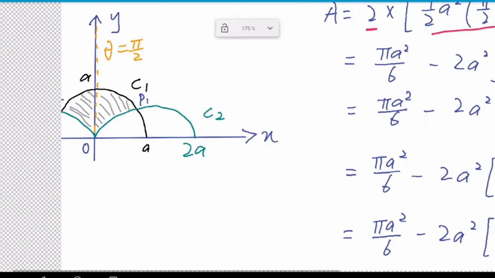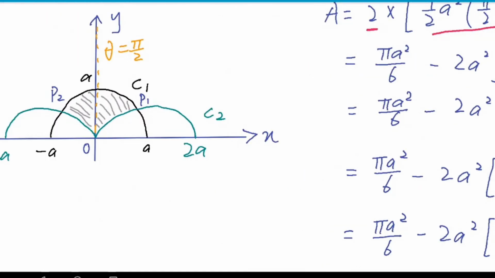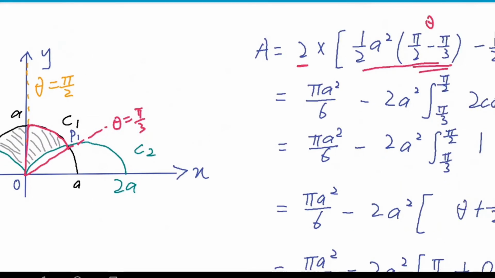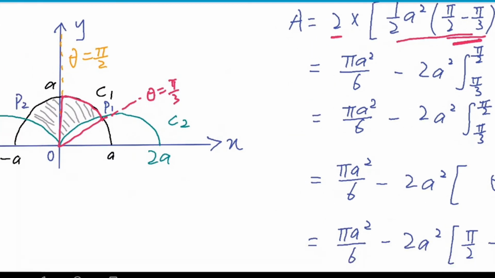So what I did, to find this area here, is I am using the area of the sector, where theta is from pi over 3 to pi over 2. This is the area of the sector, minus off the small part that I marked in red here.